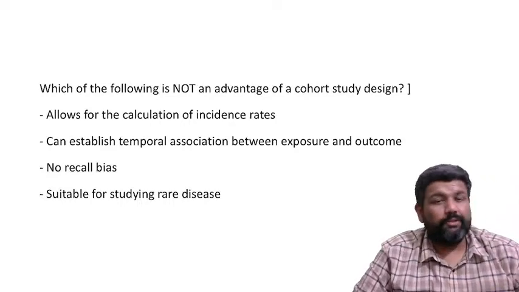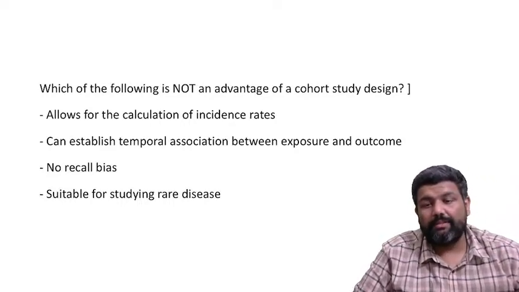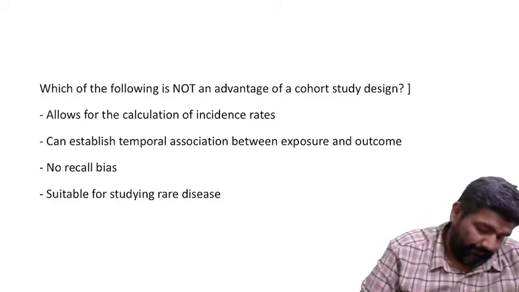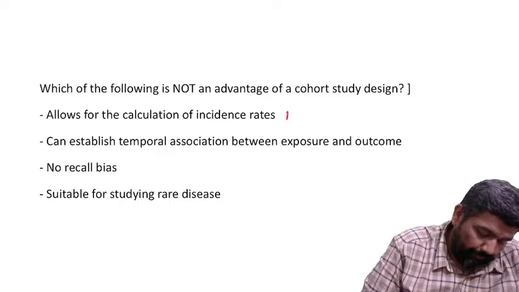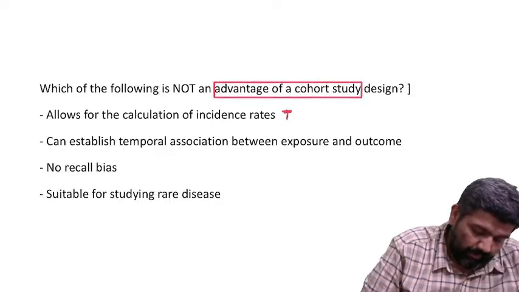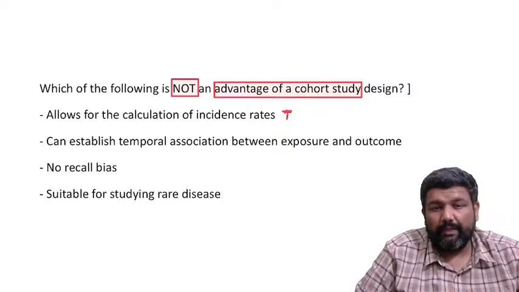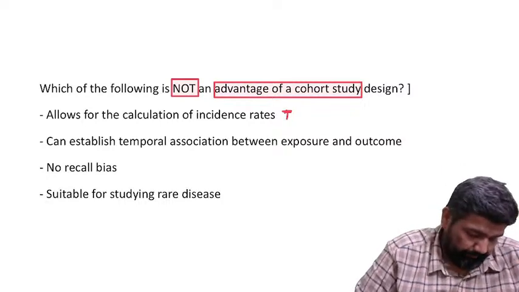Which of the following is not an advantage of cohort study design? It allows for the calculation of incidence. This is true because we have to find not an advantage of cohort study. It allows for the calculation of incidence rate.